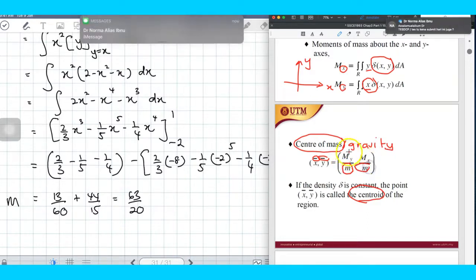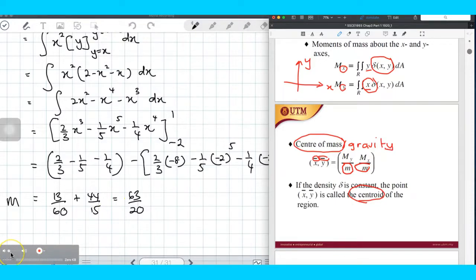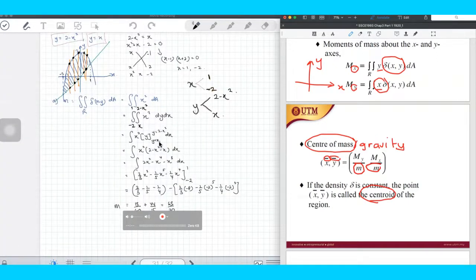So you have to evaluate the moment about the y-axis, My, and about the x-axis, Mx. That is our next task, to get the moment of mass with respect to x and with respect to y. So we have to use the formulas for Mx and My.